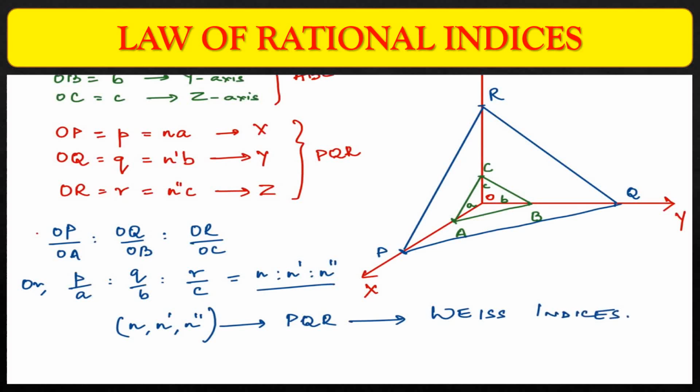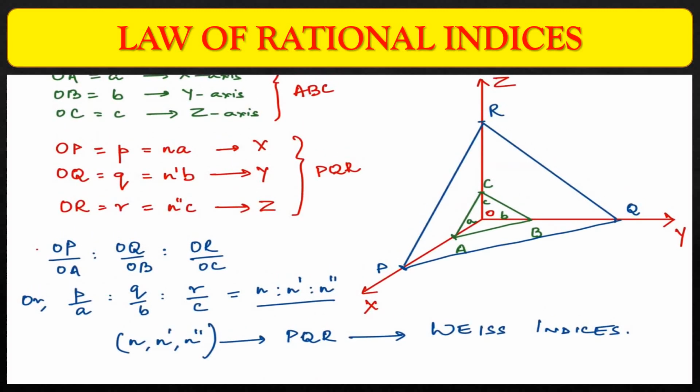So any crystal plane PQR can be represented by Weiss indices, that is n, n prime, n double prime. What are these n, n prime and n double prime? They are the coefficients of the intercepts made by the unit plane, that is A, B and C. And these are actually whole numbers.